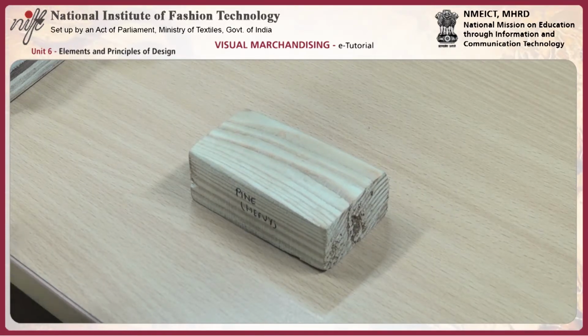So pine wood has grains as it is a natural wood, and pine wood falls under softwood and it is a very friendly material to use in VM for creating your props.